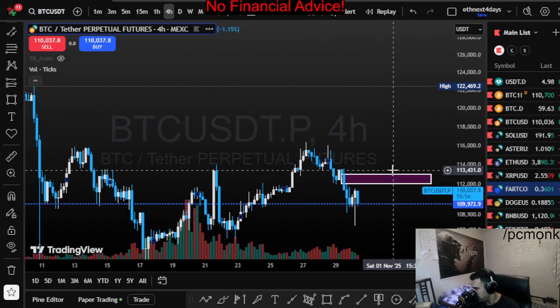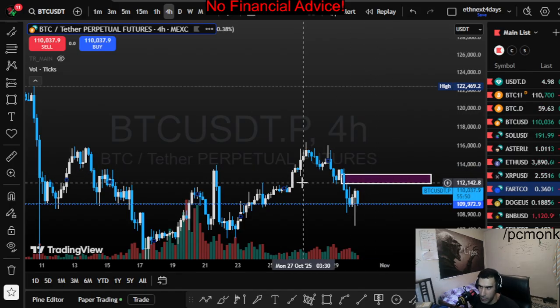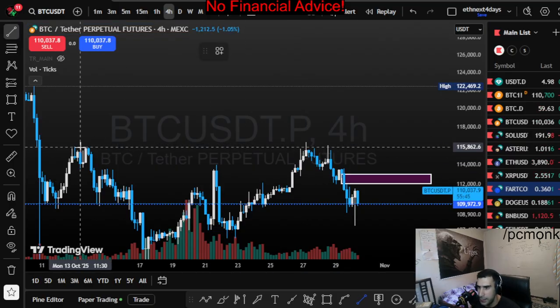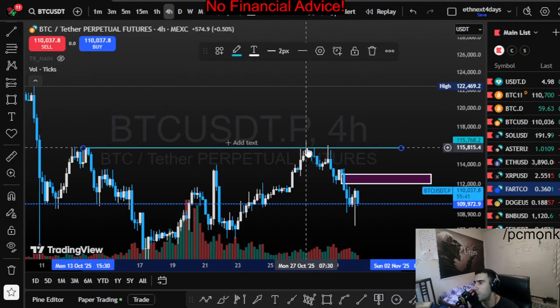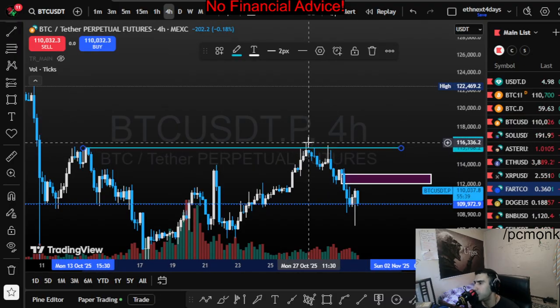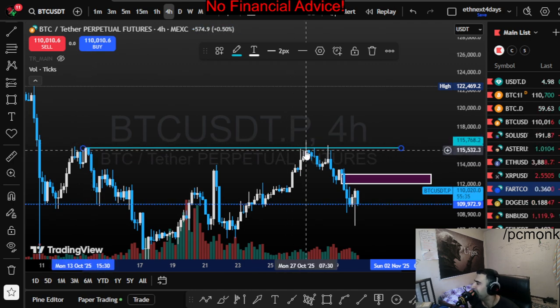Now, what happens when price hits a liquidation level? So for example, if we're going up, this is a good example. If we had a lot of liquidation above this, guess what? We shake them out a little bit, right? So we liquidated a little bit of people here. So what happened when they got liquidated?